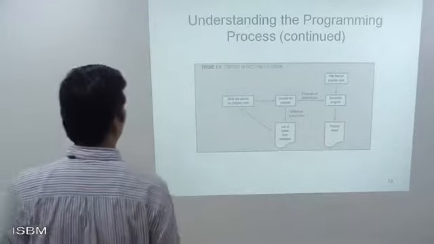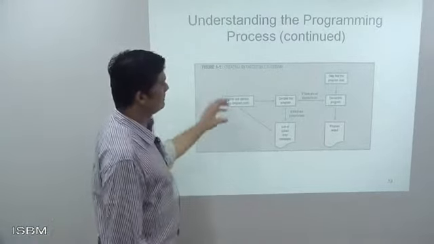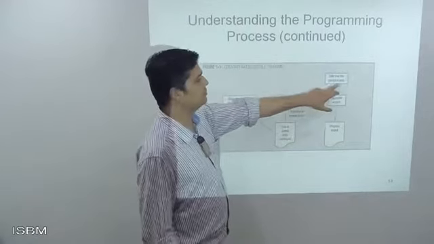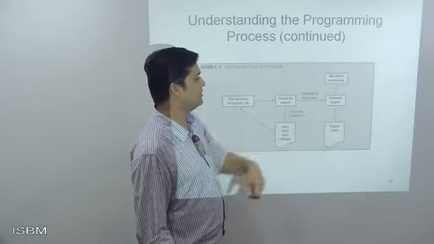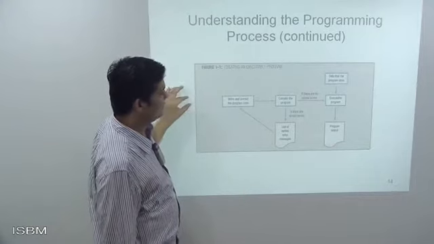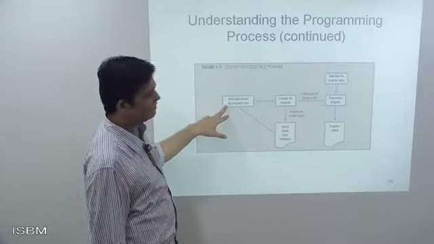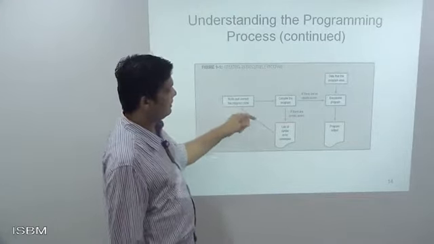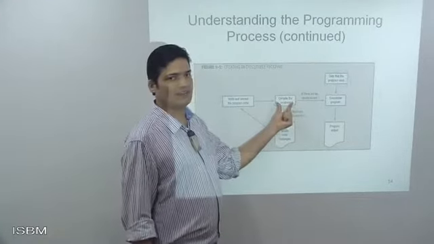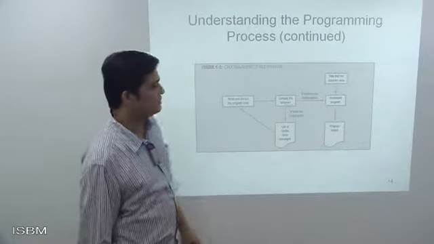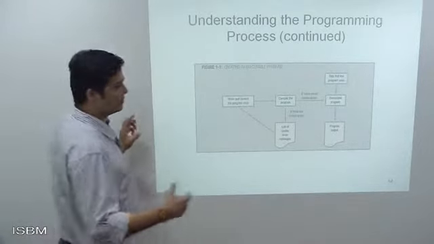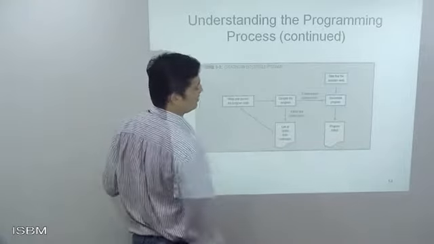Understanding the programming process: here you can see, we start with the data that the program uses, then check whether you wrote the correct programming code. If not, it will give you an error. It goes to the compiler, which compiles the program, then into execution, and you get the program output.